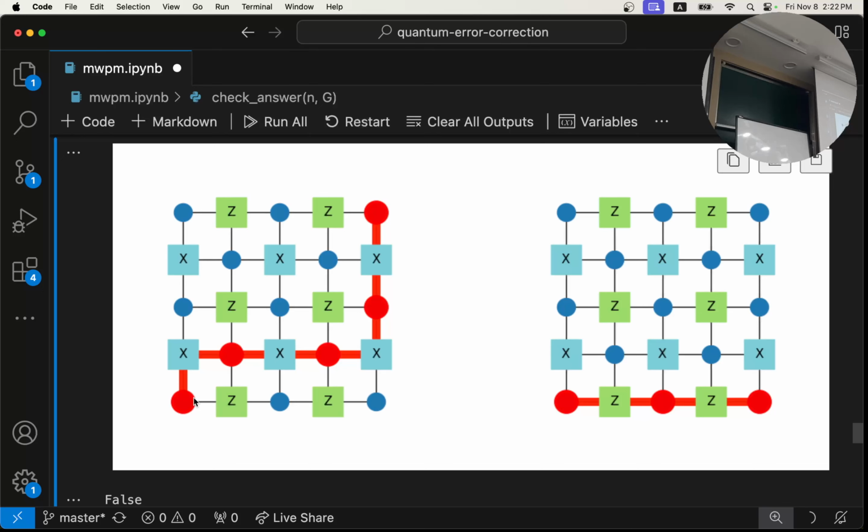All the X stabilizers are stabilized, which means their read-off is not changed. If we have this chain of Z errors, nothing changed. Whenever you have the same read-off of the stabilizers, it means that your eigenvalue is not changed. You are in the same eigenstate as before when you consider all the data qubits as an entire qubit state.